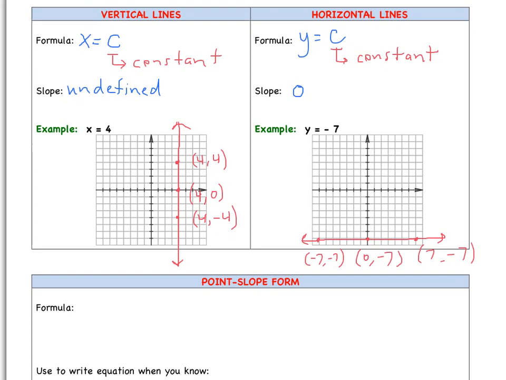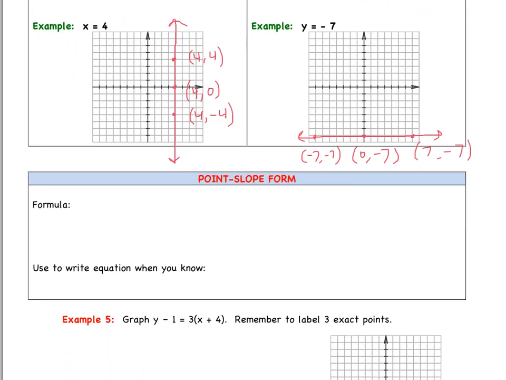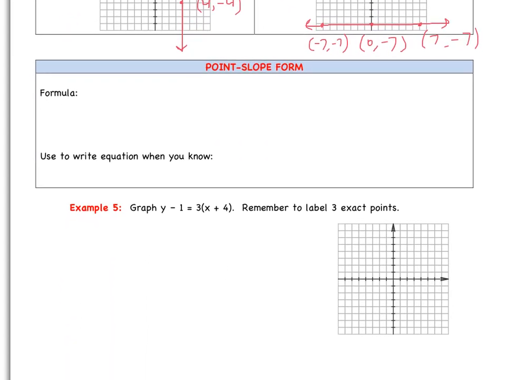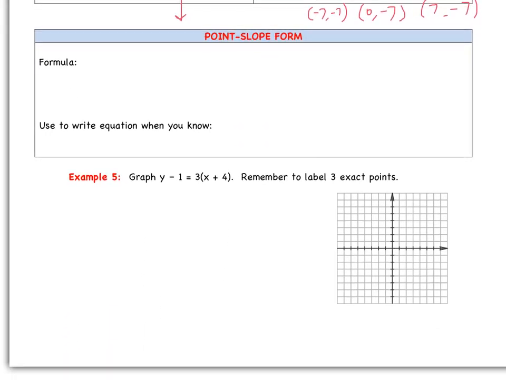Let's go ahead and talk about the next formula, point slope. Okay. So point slope formula is the following. It is y minus y1 equals m times the quantity x minus x1.